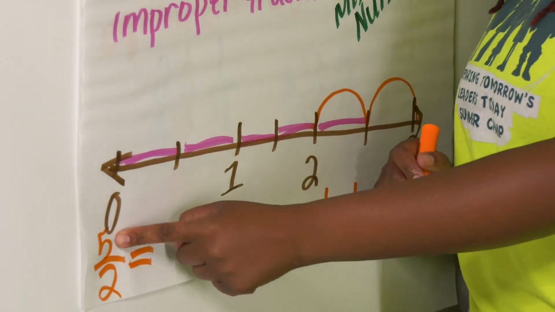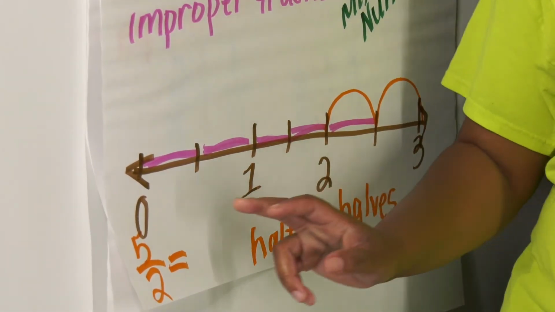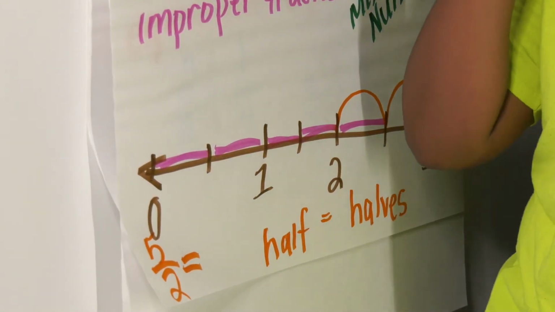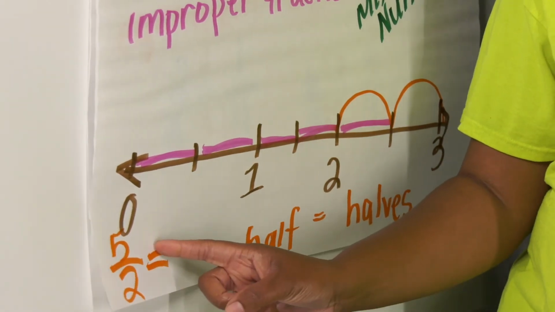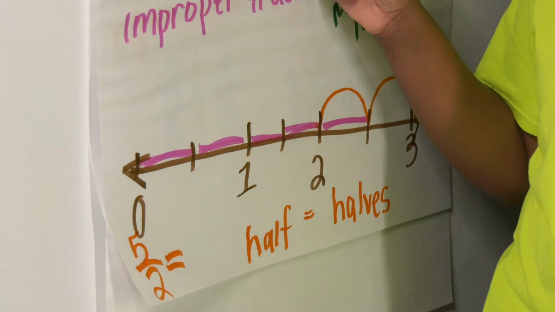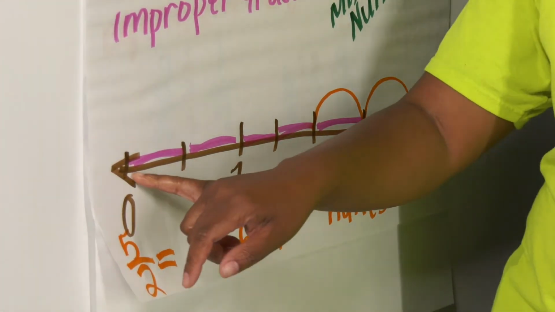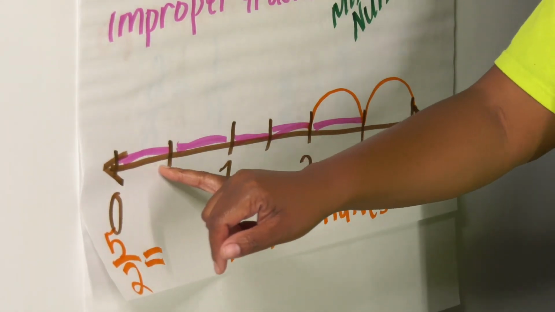It's too big. How do you know it's too big? Because your numerator is bigger than your denominator. So when this happens, you can leave it like this, or we can write it as a mixed number. Remember, our mixed number includes a whole mixed with a fraction. So let's see, what whole did this stop at?